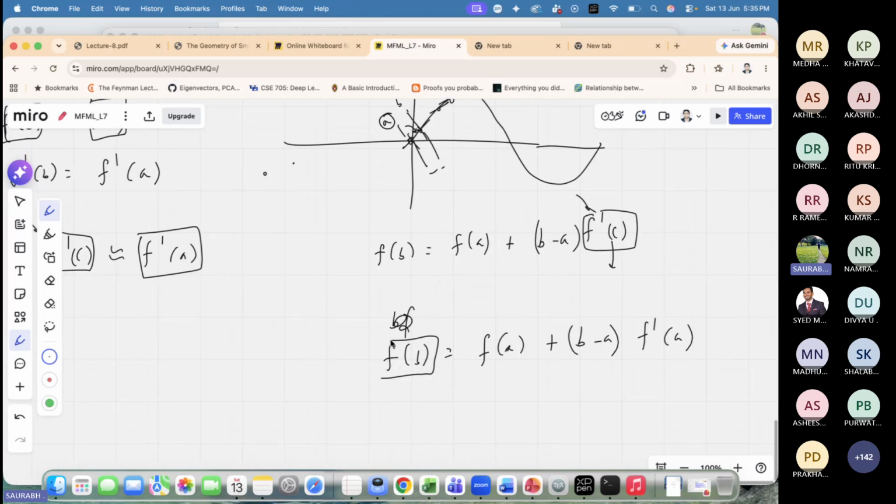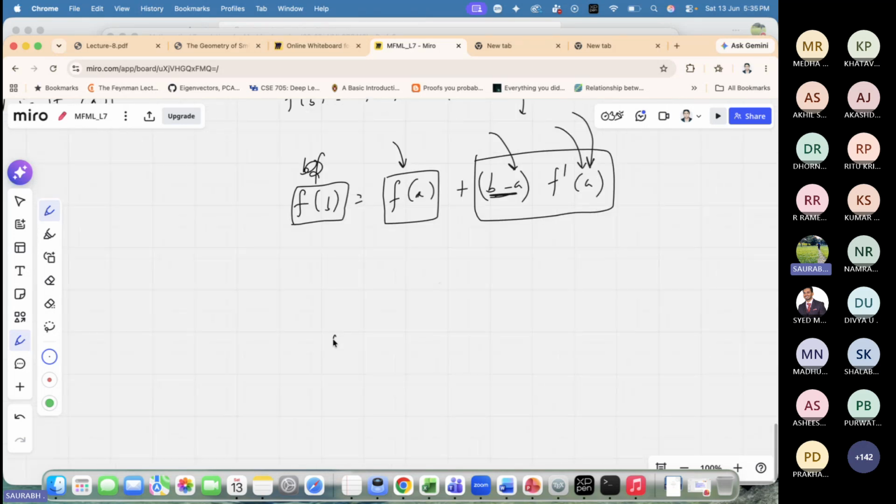It says that the function's value at a new point is equal to the function's value at the point where you know the function's value, and how the slope changes around that point A. So first, how far is B from A, and how the slope changes around that point A. Because if the function is changing abruptly, this is A, this is B, then to approximate the function's value at B, firstly you add the function value at A, and then you see how the slope changes around this region.